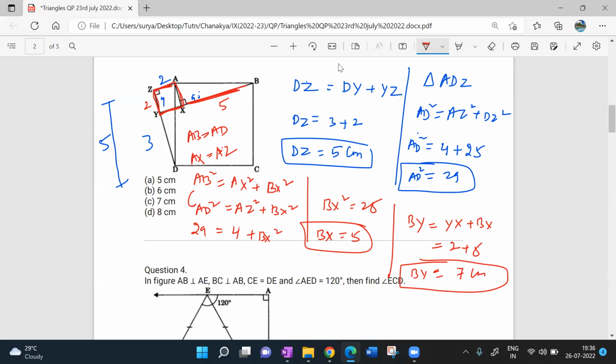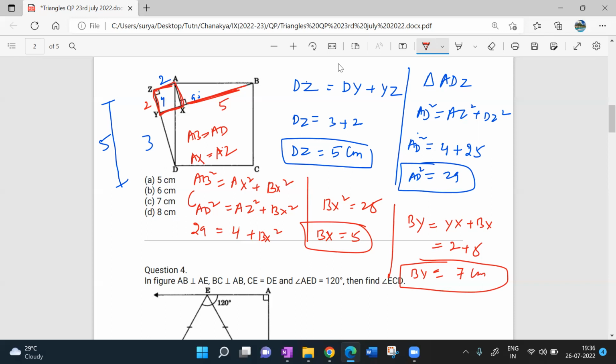How come they're not congruent? Check the sides which we got: 5, AD, DZ, and AXB. The sides are different, right?